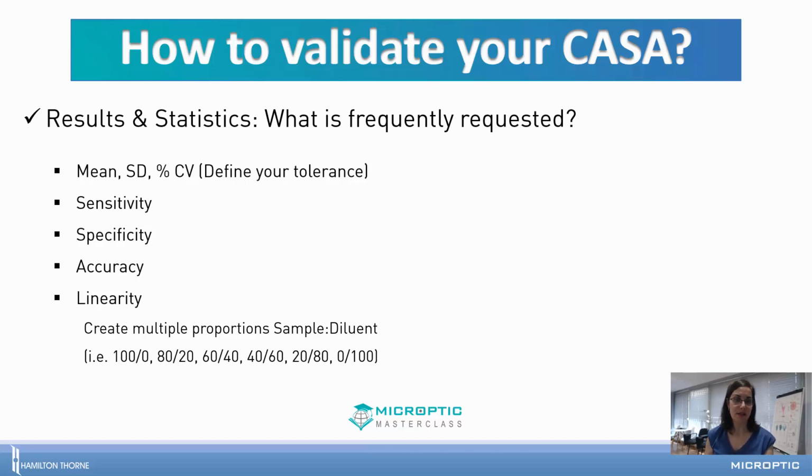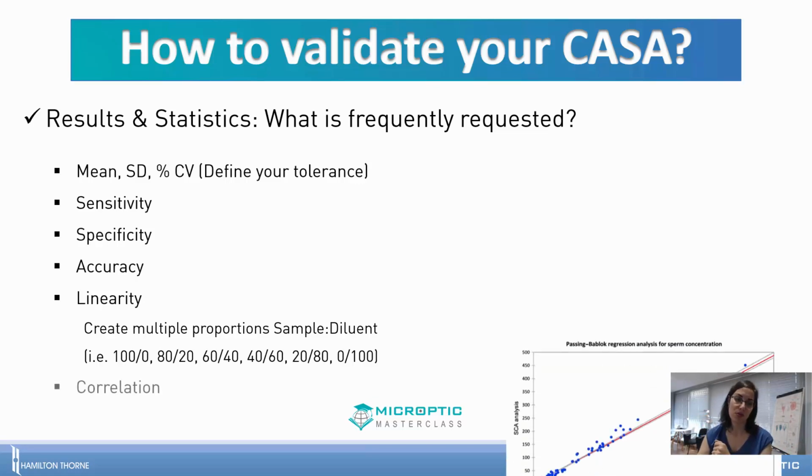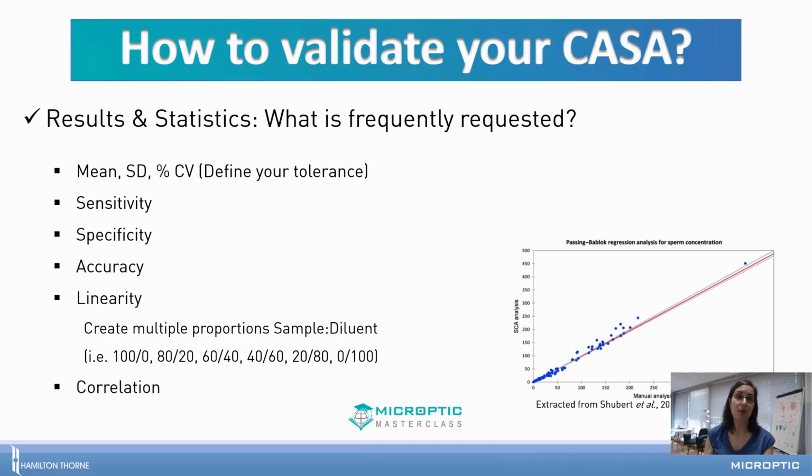Here it could be important to generate multiple dilutions and check how your measurements align with the expected concentration for each pool. You can compare the linearity using manual methods against the linearity using automatic methods, or do a simple correlation between automatic and manual analysis.